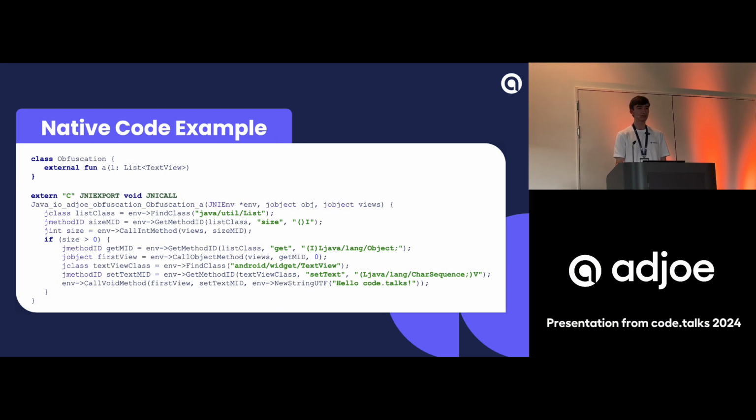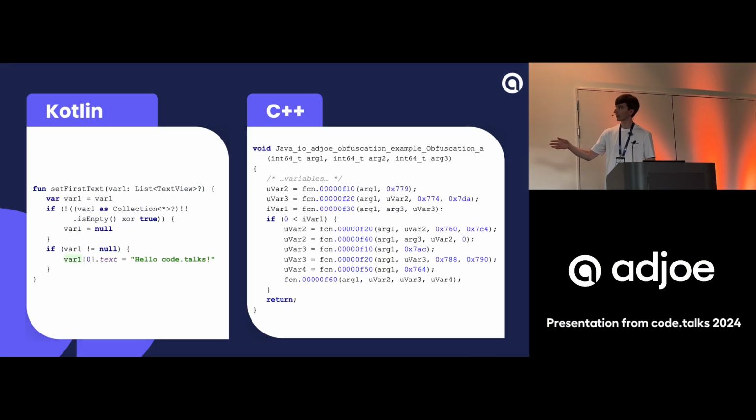Where the obfuscation comes in now is actually the compilation and then decompilation, actually disassembly. So when we take our normal Kotlin code and compile it, decompile it, we get what's on the left-hand side. And yes, I think we can all see what it does. If we take our native code, compile it, decompile it, disassemble it, we get what we have on the right-hand side.